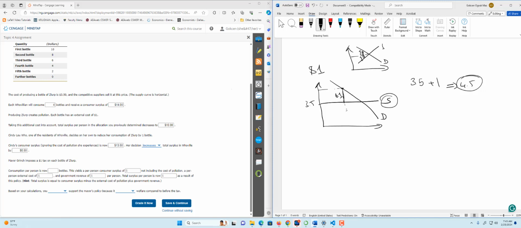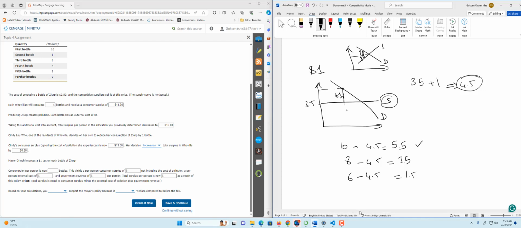Now let's calculate the consumer surplus when the price is $4.5. First bottle is 10 minus 4.5, we have 5.5. Second bottle is 3.5. And now the third bottle is 1.5. As you see, the fourth bottle is not going to be purchased because the price is higher than willingness to pay.